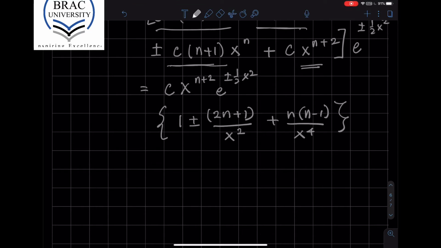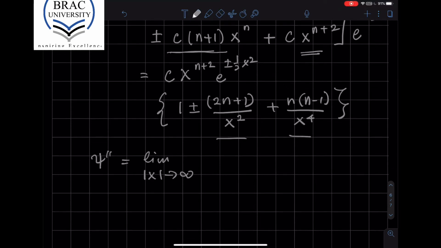Now in the limit where x goes to infinity, we see that these two terms will drop out, and what we'll have left is c x to the power 2.